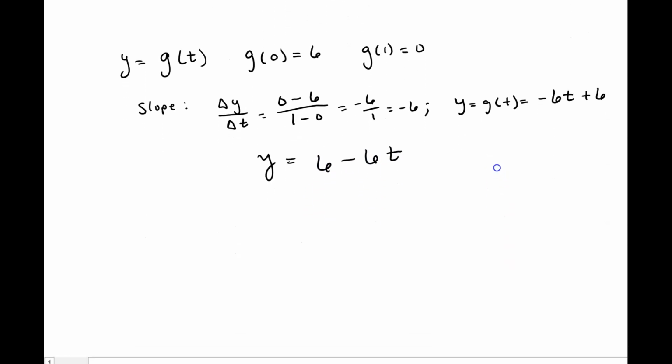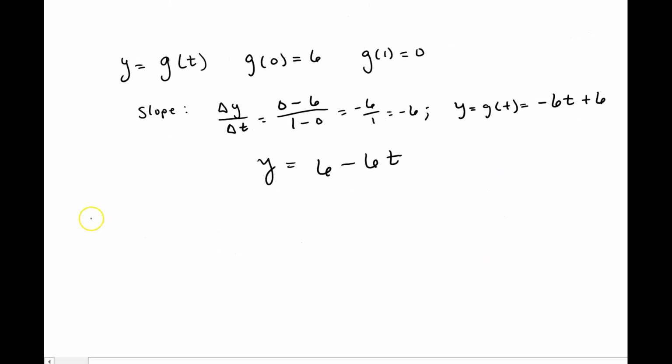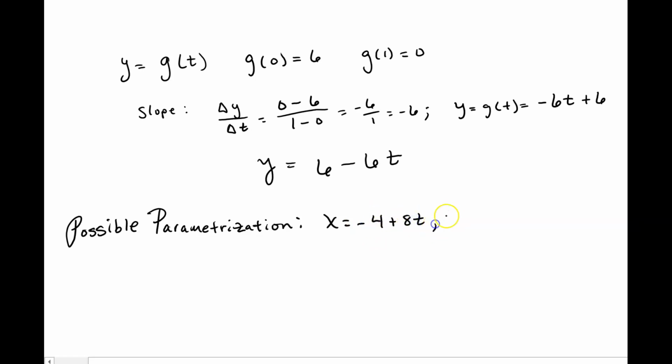So the possible parametrization, let me write that out. It takes longer to write than actually saying it. The possible parametrization: x equals negative 4 plus 8t, and y equals 6 minus 6t.